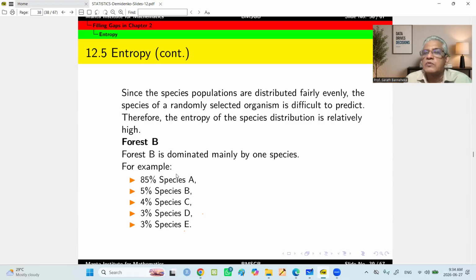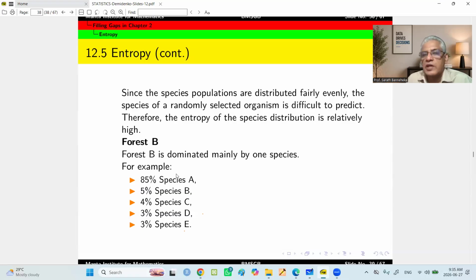On the other hand, suppose in forest B, there is one dominating species, species A, at 85%, and all the others are very small, might be similar, but in this case, the next species that you will find is predictable with a high probability, high precision.